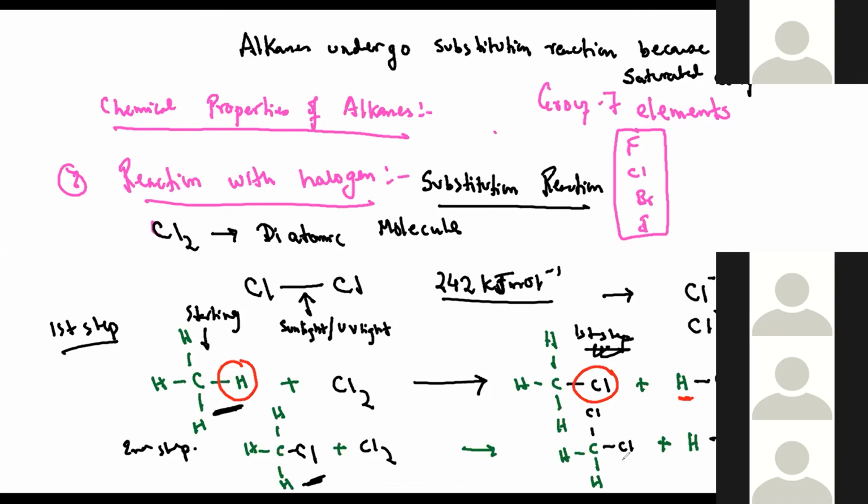The product we get on the second step will again react with more chlorine. Third step এই একটা হাইড্রোজেন চলে যাবে and chlorine will come in. Fourth step আরেকটা হাইড্রোজেন will go out and chlorine will come in.